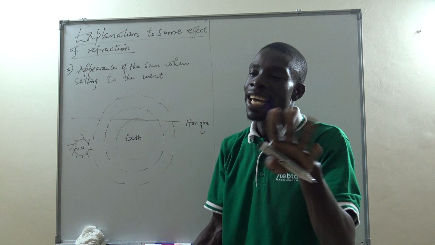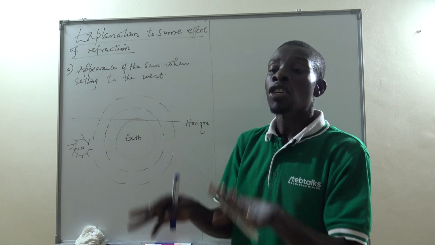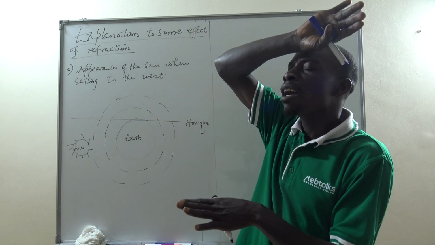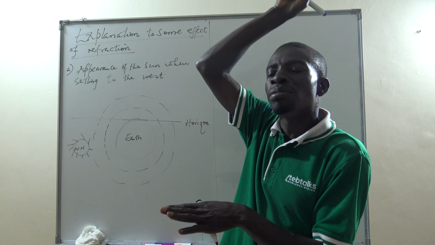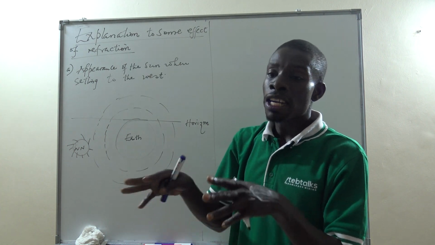Late in the evening, the air becomes cool, and if it becomes cool, it becomes more dense than the one above. And now, if light rays are moving from less dense to more dense, refraction is toward the normal.